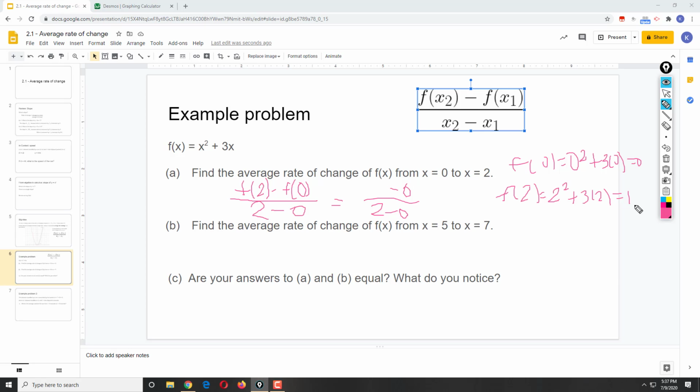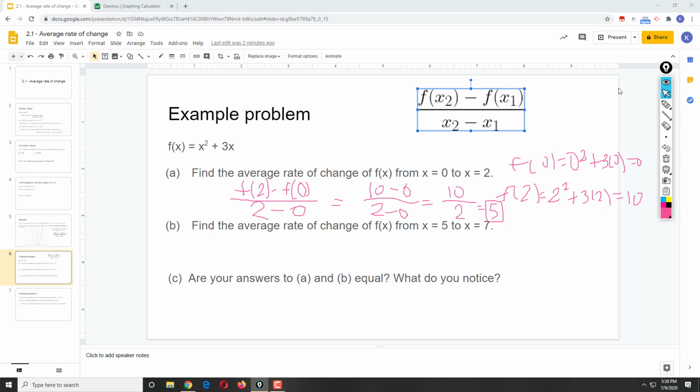That's 4 plus 6, which is 10. So f of 2 is 10. So the average rate of change, well, we go up from 0 to 10. We go across from 0 to 2. 10 over 2 is 5. So the average rate of change of our function from 0 to 2 is 5.